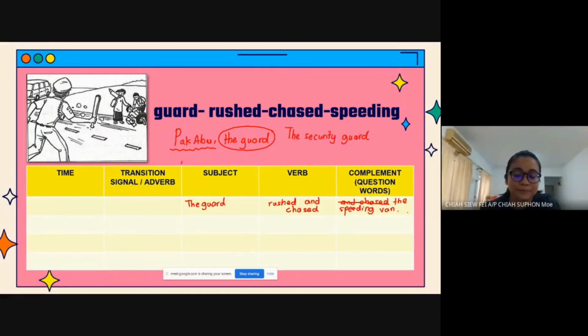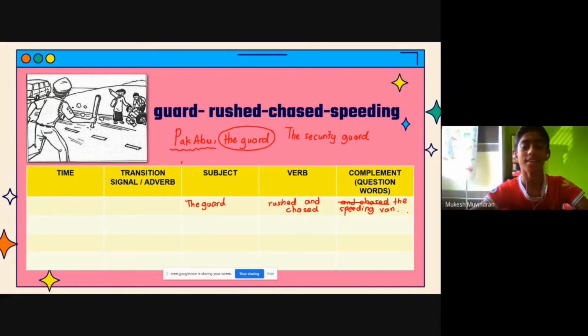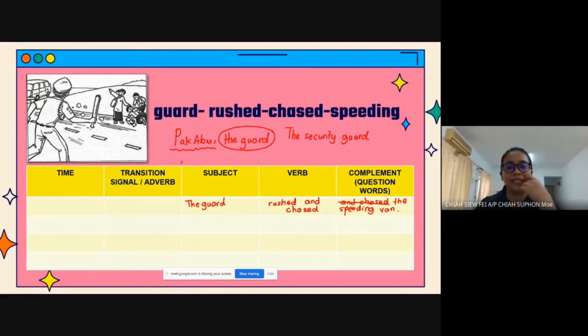Teacher, I put the guard rushed to the scene. Of course, there are many versions of the sentences that you can write. One version is the guard rushed and chased the speeding van.